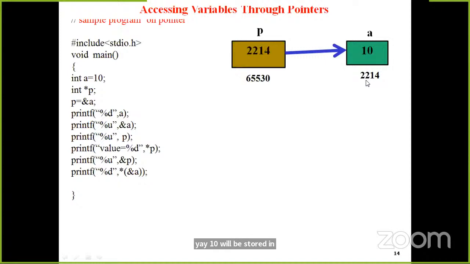What is 2214? 2214 is the address of the variable. This we know very well from the starting classes onwards. And what is this 10? 10 is the value of A. And A is the variable name.